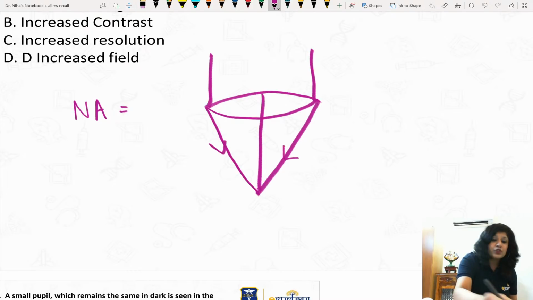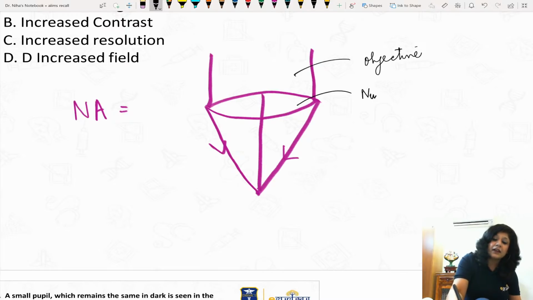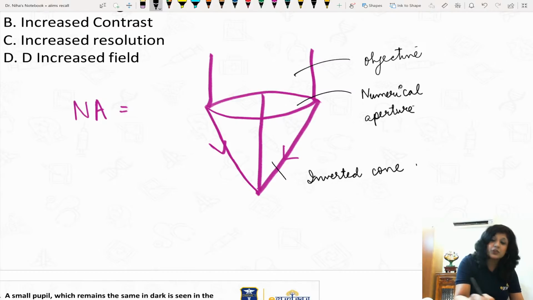If you label them, this is your objective and this is your numerical aperture. The light which is going is forming this inverted cone, and half of the angle that is formed is called angle theta.